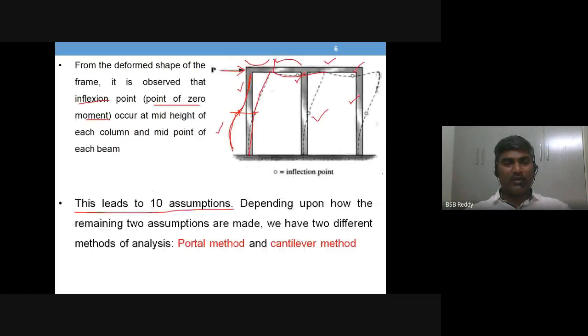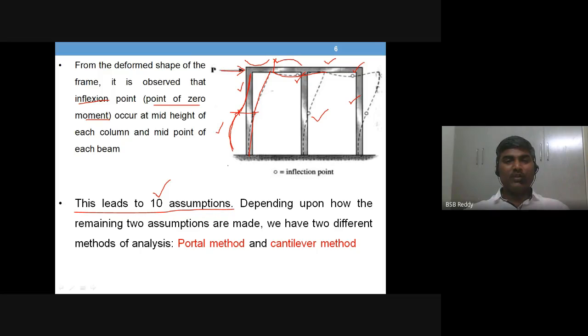There are 10 equations available. With what assumption? The assumption here is that each and every member has a point of zero moment at the middle.